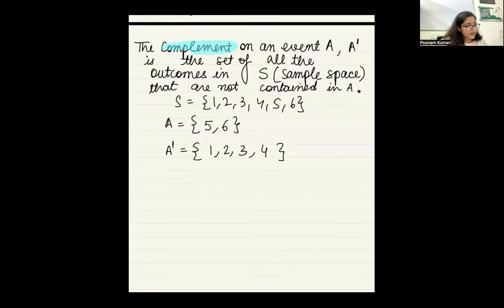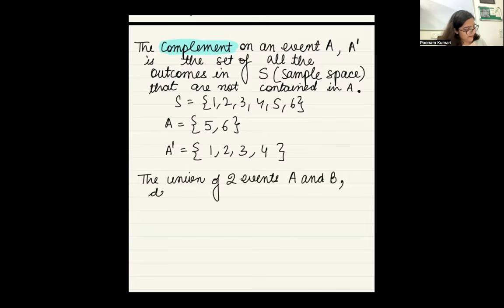We can also define the union of events. The union of two events A and B, denoted by A union B. Because A is an event and B is an event, A union B is also a set, so it is also an event.